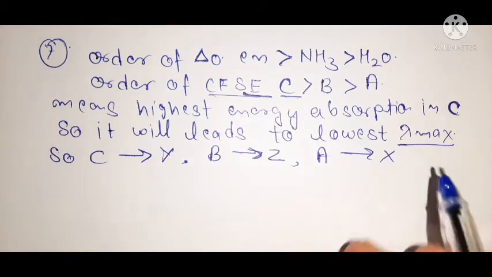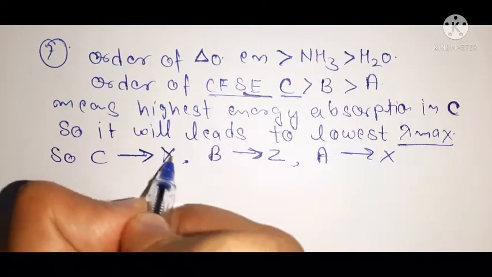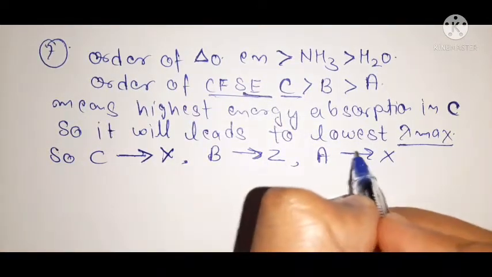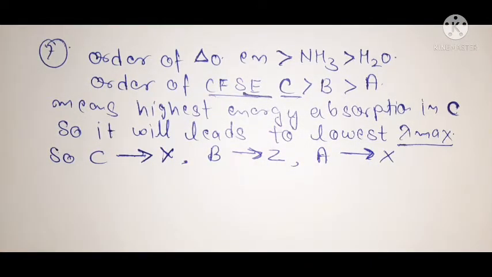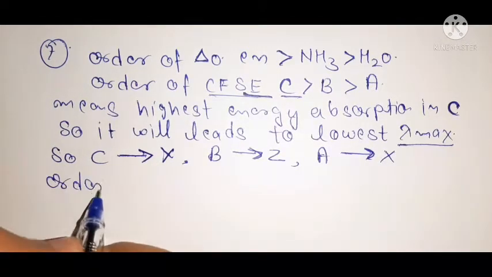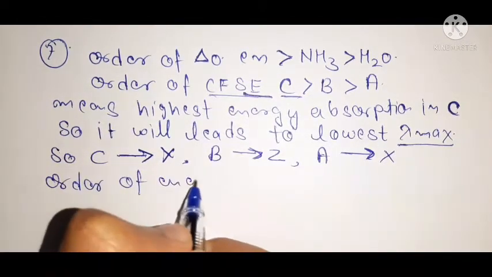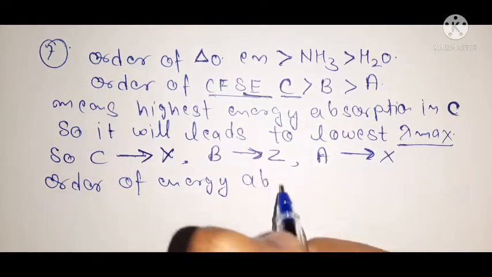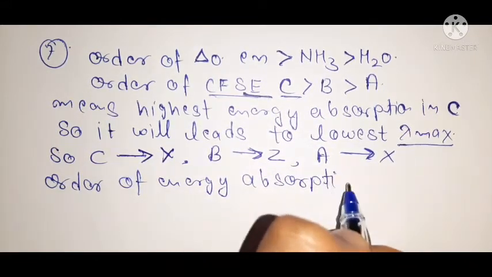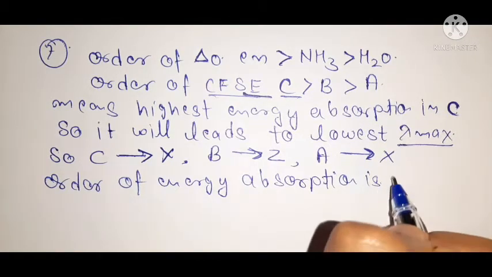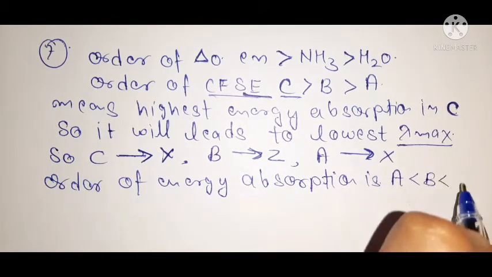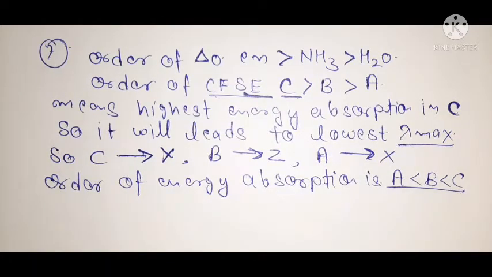So on the basis of this conclusion, we can relate C to Y, B to Z, and A to X. Okay, so on the basis of this, the order of energy absorption is A is less than B is less than C. Least order is in A, then for B, and then for C.